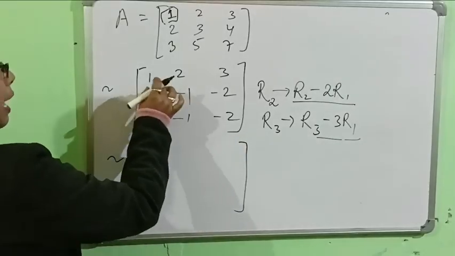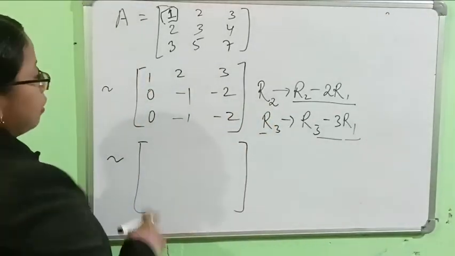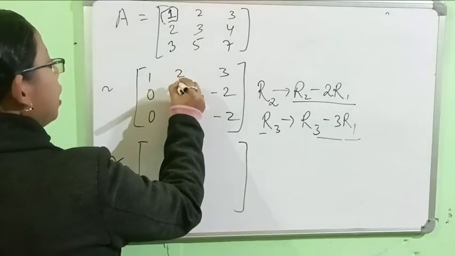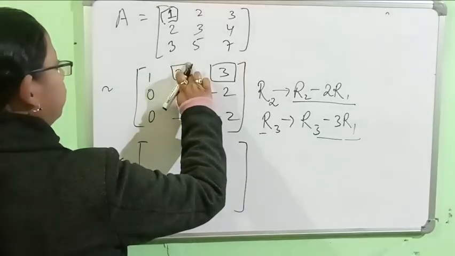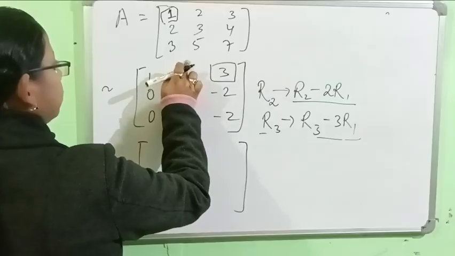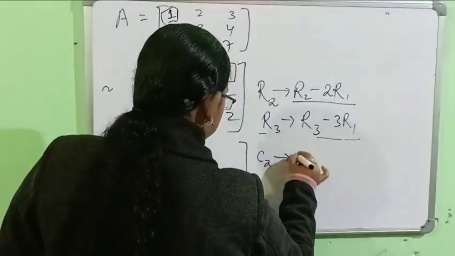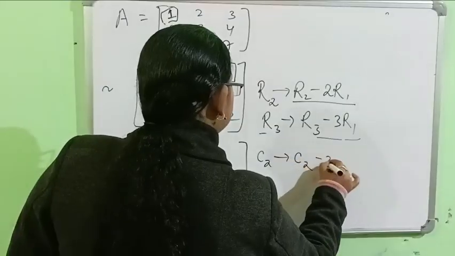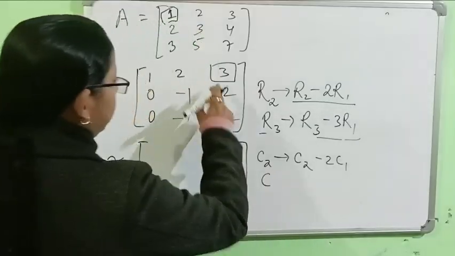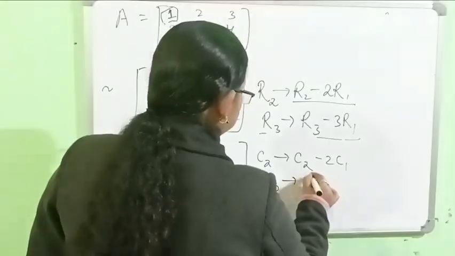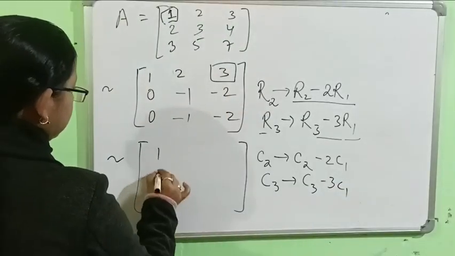Now, with the help of column transformations, having started with row transformations, I will make this element 0 and this element 0. The transformations are C2 minus 2 C1 and C3 minus 3 C1. The first row becomes 1, 0, 0.